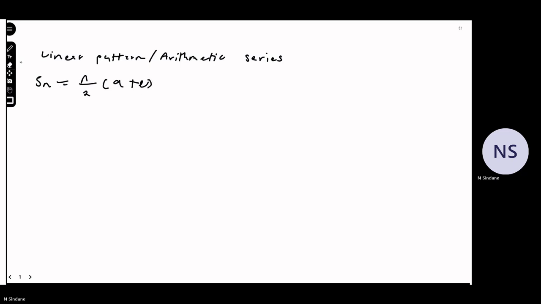And the second formula is Sn equals n over 2 into 2a plus (n minus 1) d. We use the first formula whenever we're given the last term.